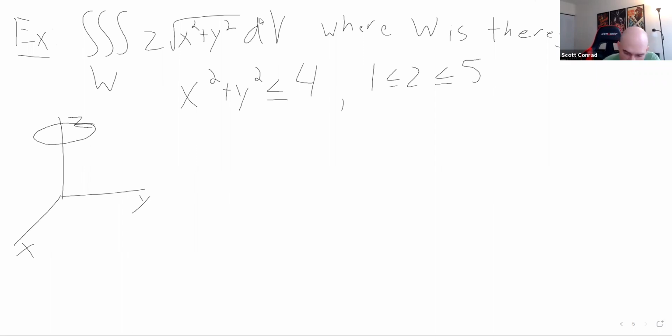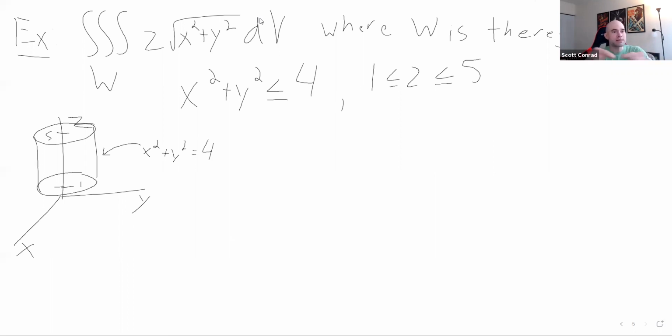And z goes from z equals 1 up to z equals 5, and that cylinder is x squared plus y squared equals 4. We can think of x squared plus y squared equals r squared, where r is the radius of your cylinder.